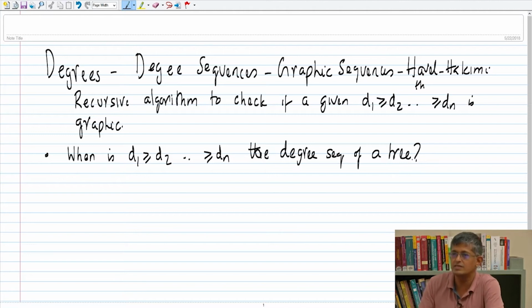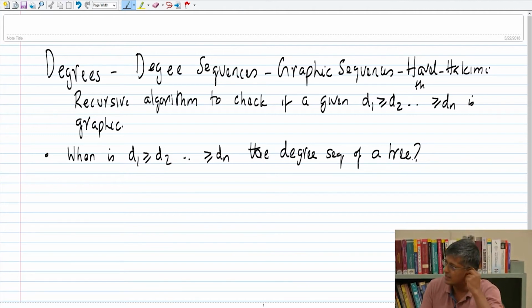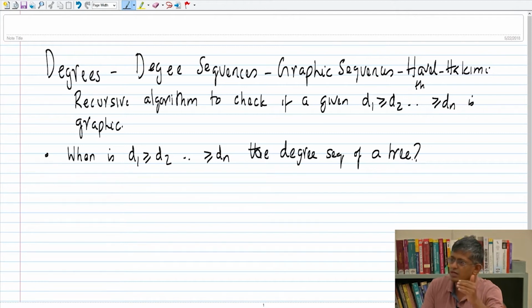Do you have answers to this? Remember, we had a more general algorithm, which comes from the Havel-Hakimi theorem. So I give you a sequence of n integer values in increasing order, and I ask you, when is this the degree sequence of a tree?